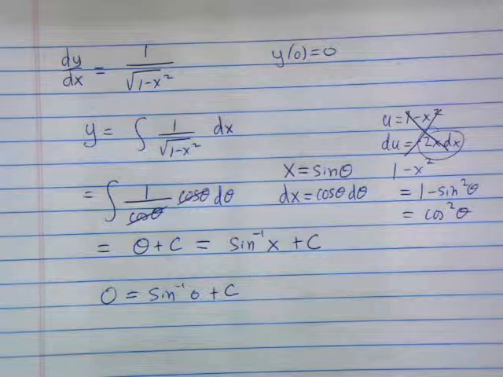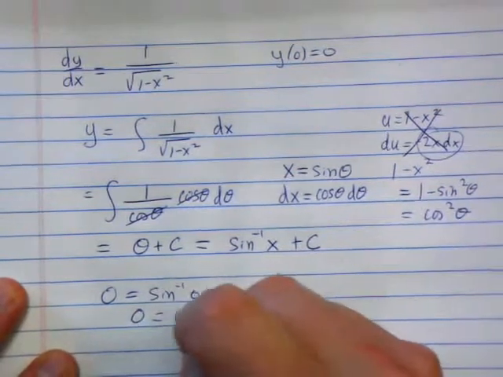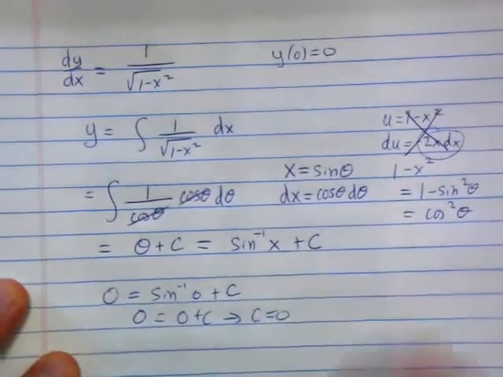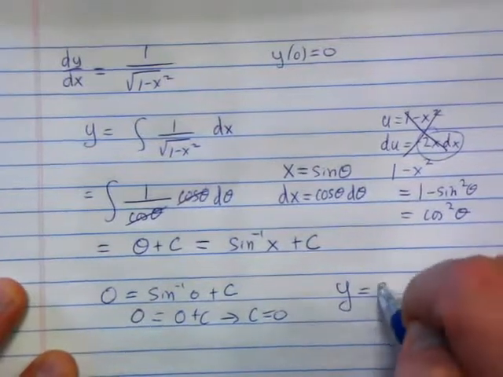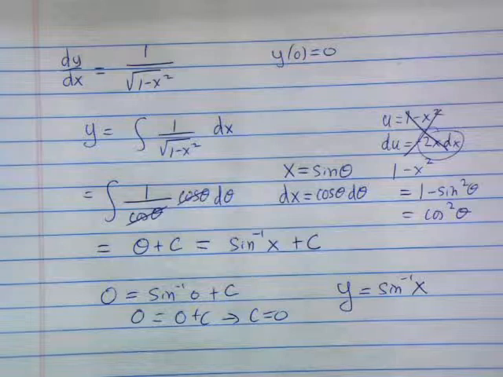Sine of what angle gives you an answer of 0? The sine of 0 is 0. So the sine inverse of 0 is also 0. So 0 equals 0 plus c, which tells me c is the number 0. The solution to that differential equation is y equals sine inverse of x.